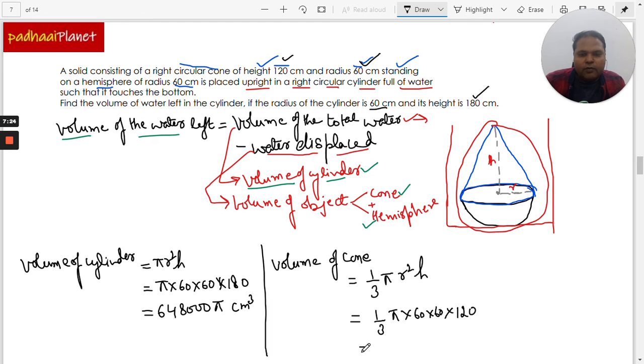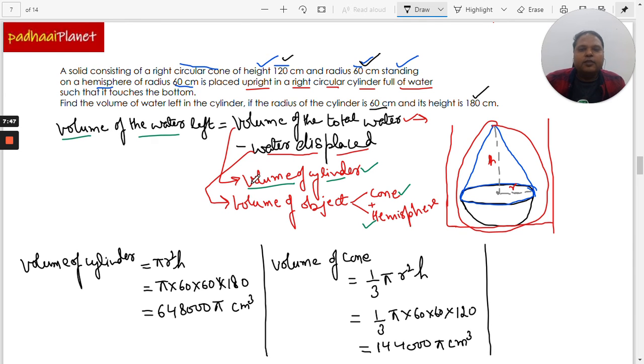So finally what we get here is 3600 into 40, which is 1,44,000 pi cubic centimeters.